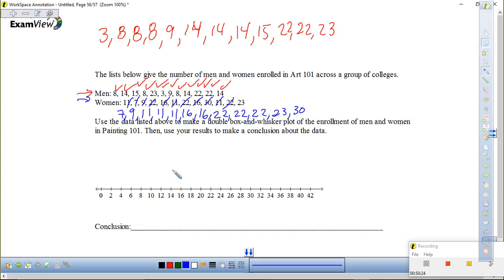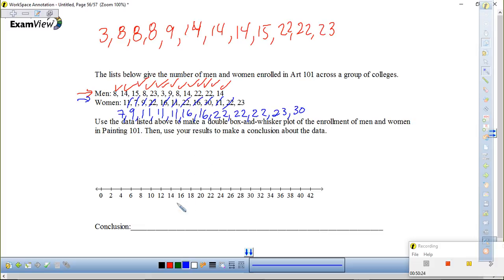Here we go. To plot our box and whiskers, what do we do first? Tell your neighbor, please. All right.